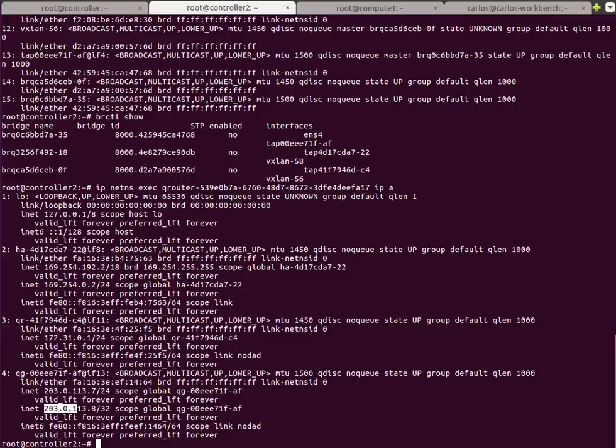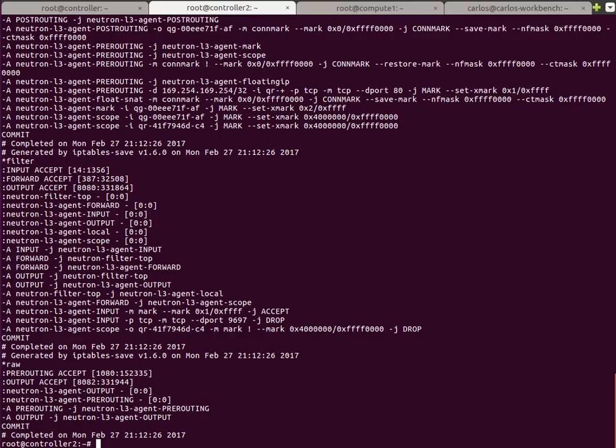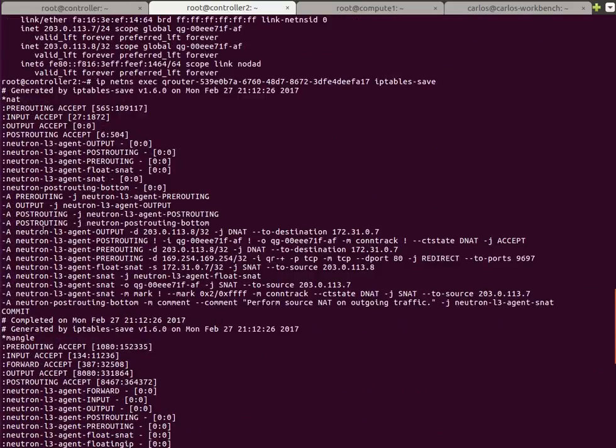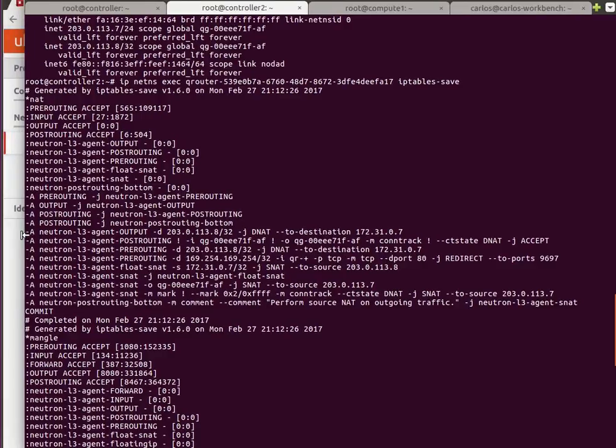And of course, there is a NAT in this namespace that is available to perform the translation of these packets. So we have a NAT that says that anything that is destined to 203.0.113.8 must get translated into 172.31.0.7. So that's how the floating IP gets implemented.